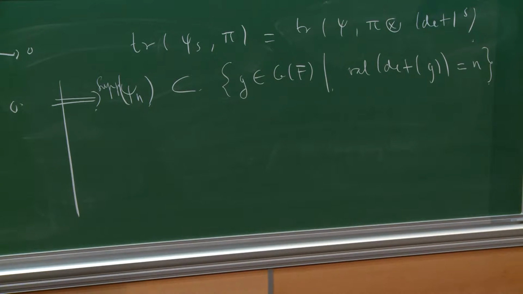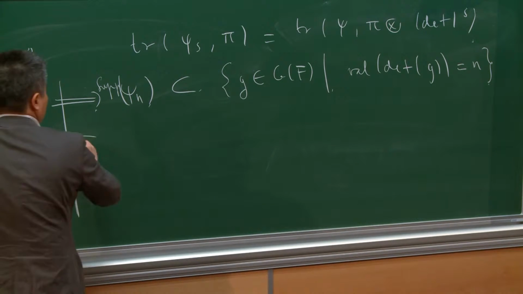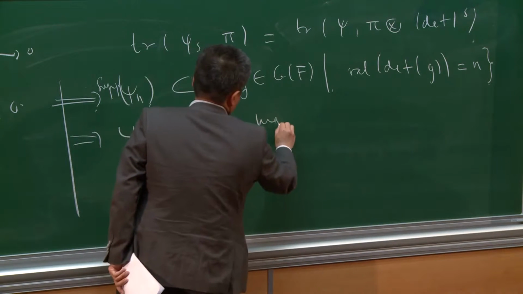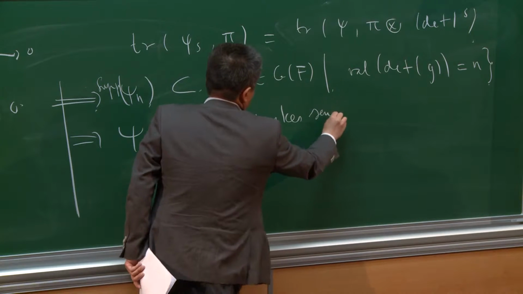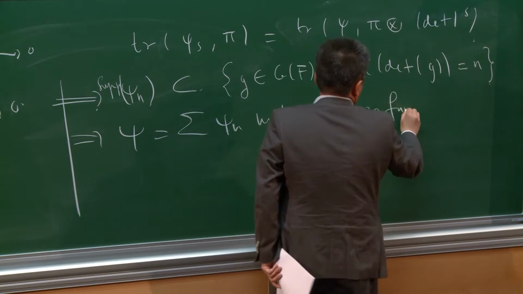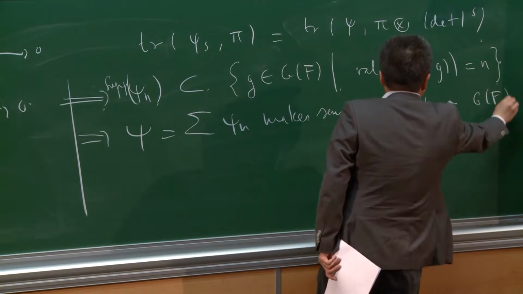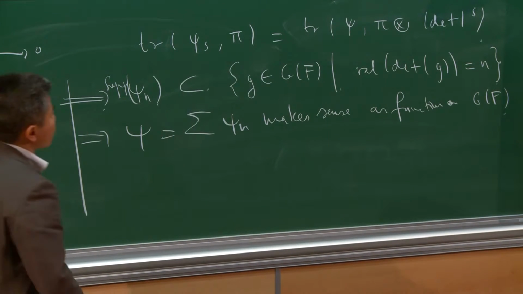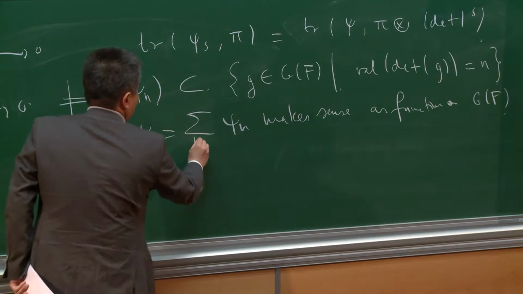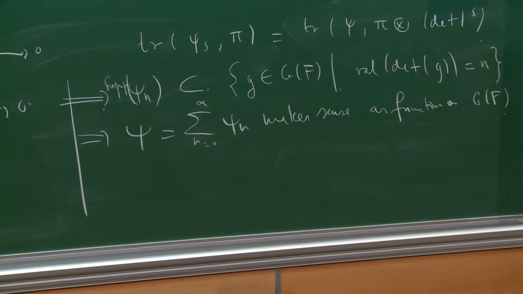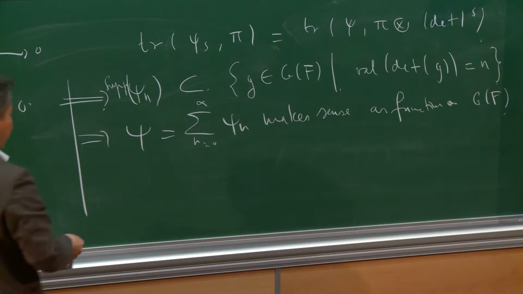So obviously they have disjoint supports, so there will be no trouble making the sum of them. Then it makes sense as a function on G(F), which can obviously be left and right invariant by the maximal compact, but which is not compactly supported.